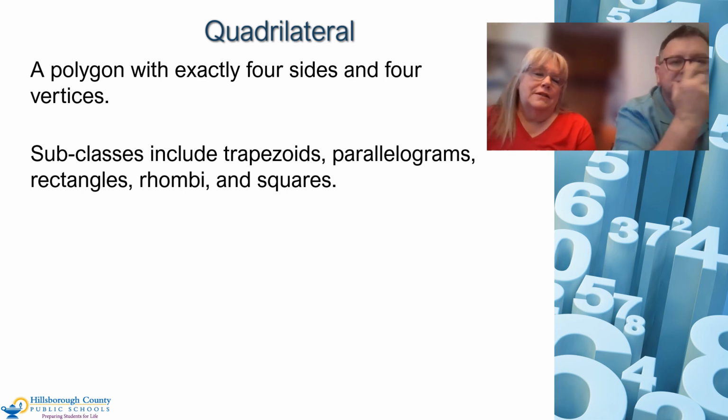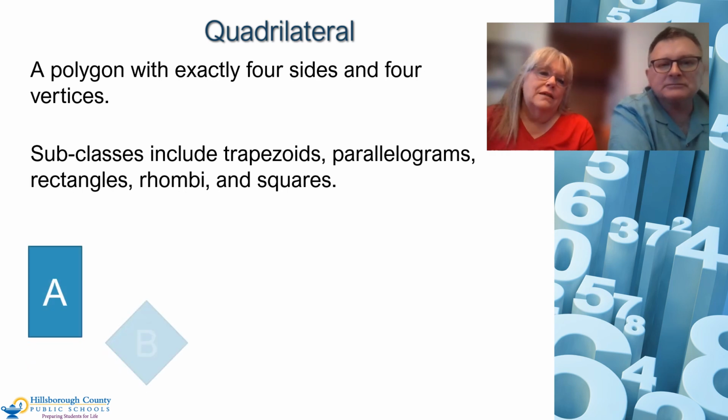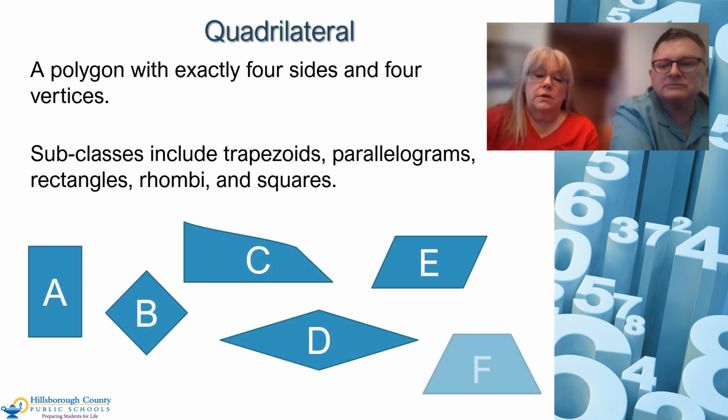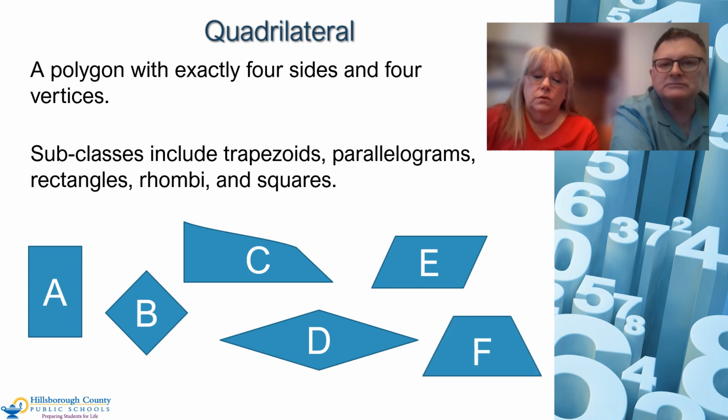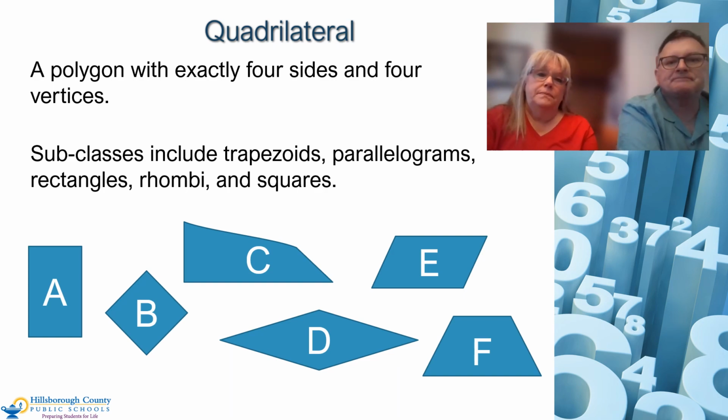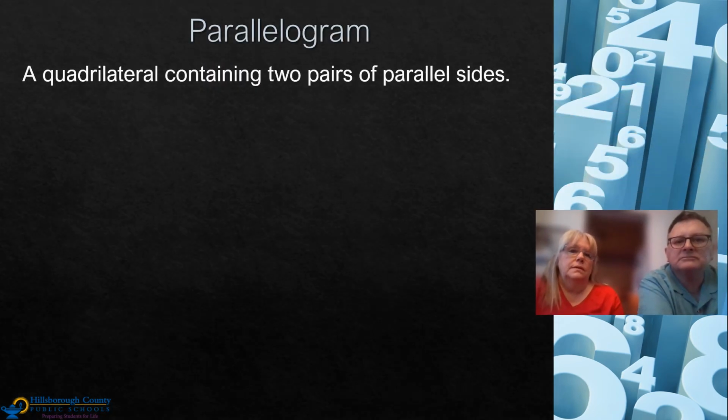Looking at the shapes from your first task, all of those shapes are quadrilaterals because they had 4 sides and 4 vertices, which are the defining attributes of a quadrilateral. We see that a parallelogram is a quadrilateral containing two pairs of parallel sides.